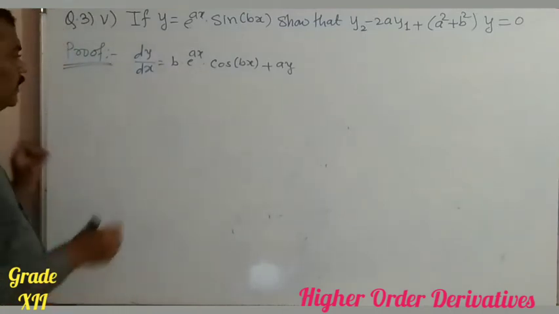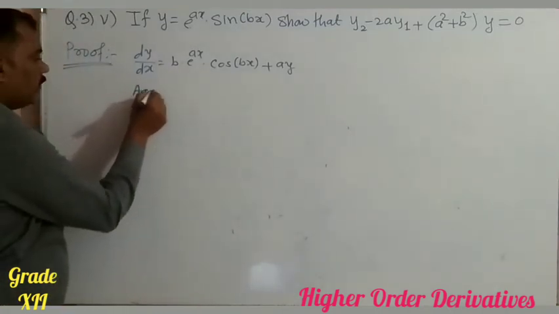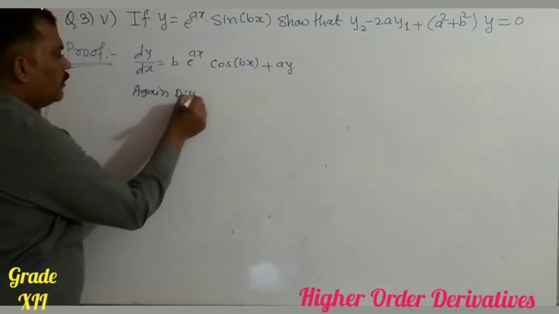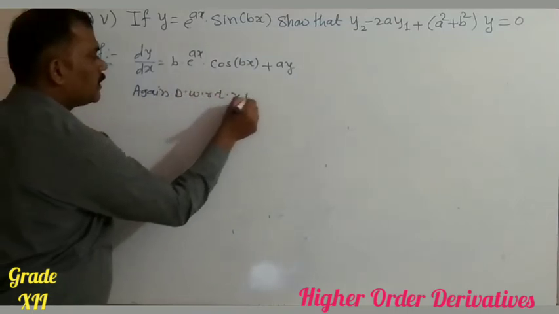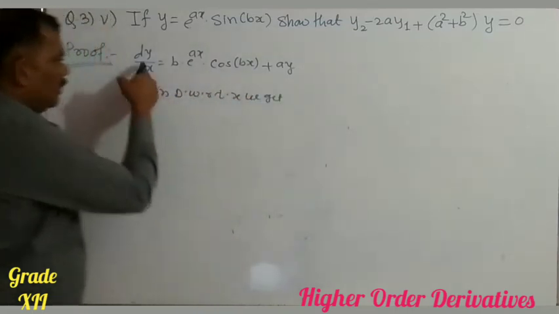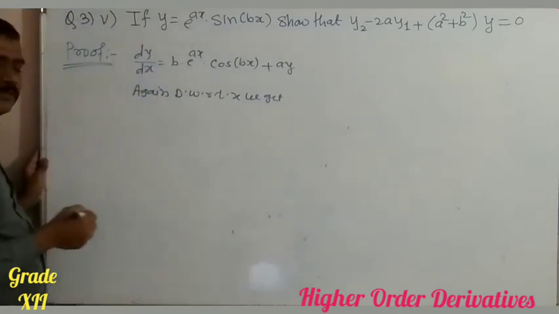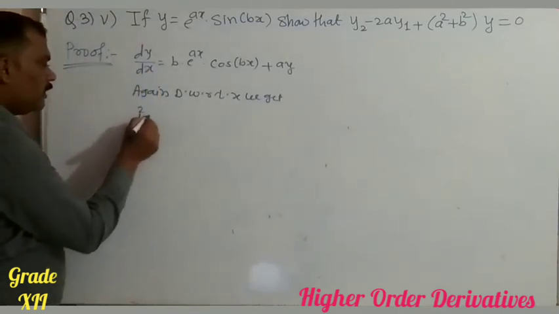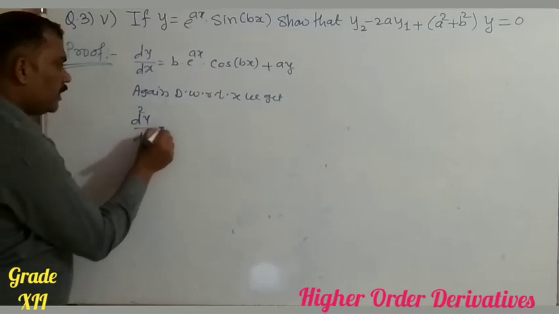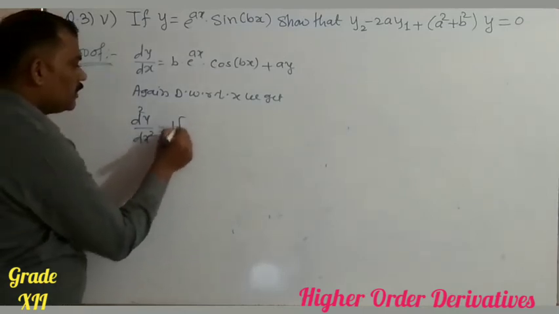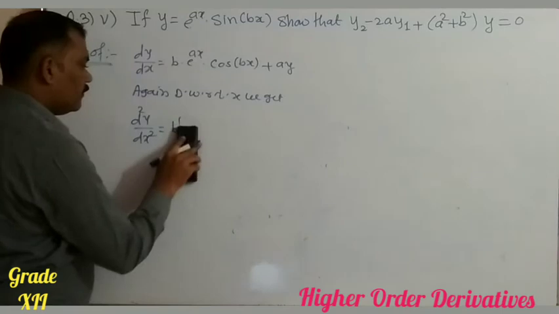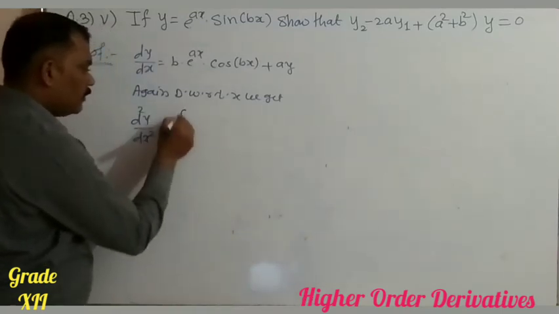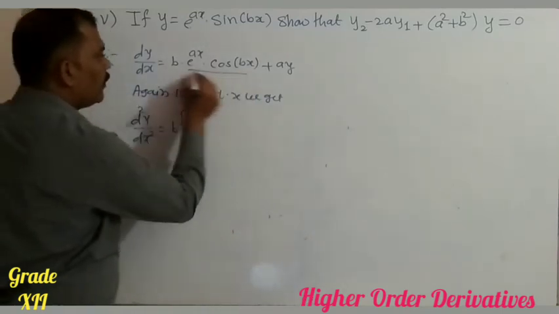Now again we have to differentiate with respect to x. Again differentiating this dy by dx with respect to x, we get d2y by dx square is equal to, here b is a constant, so b into, now here we have to use the product rule.